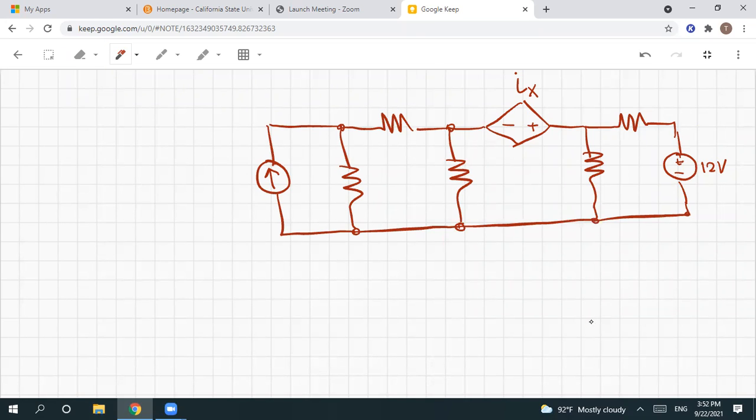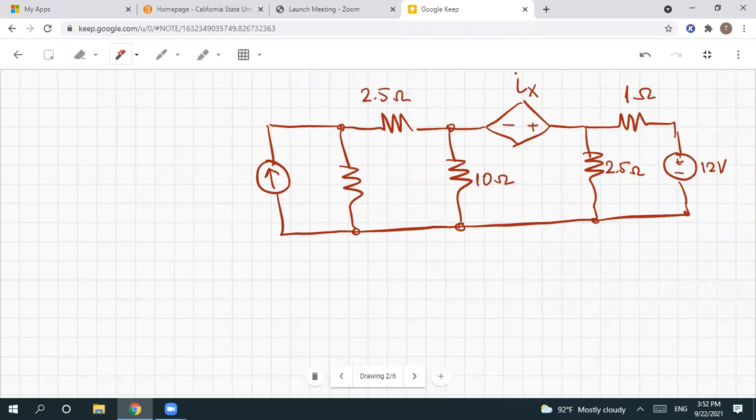So what we have: 12 volts here, 1 ohm, and 2.5 ohms, and 10 ohms, and 2.5 ohms.